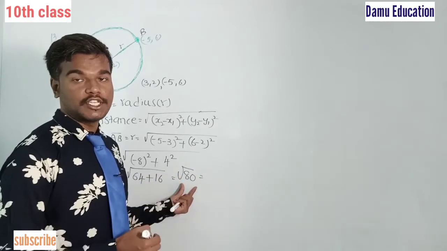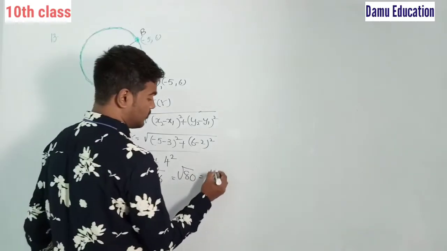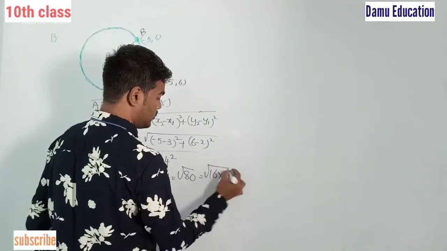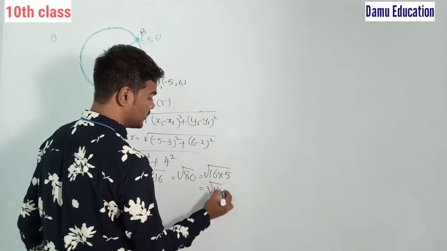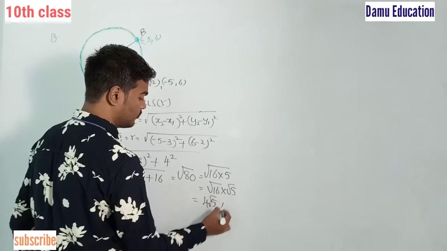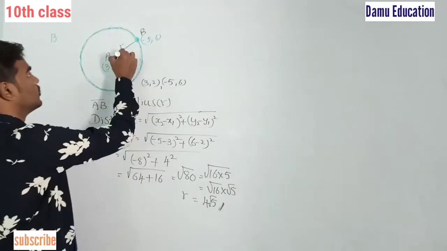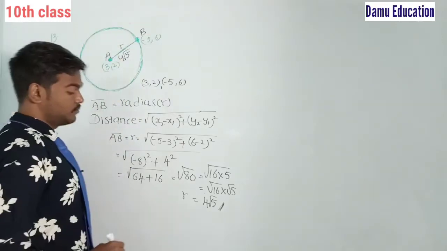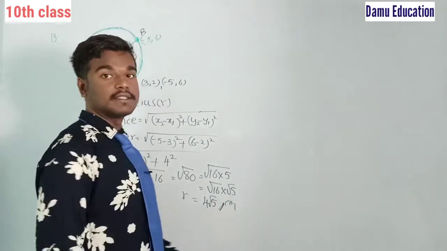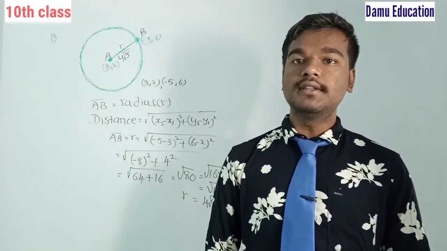Perfect squares are 16, 9, like that. 16 5s are 80, so we can write the square root of 16 into the square root of 5. The square root of 16 is 4, so 4 root 5. The radius is 4 root 5 centimeters, or you can take units. So this is the way to find the radius of the circle.